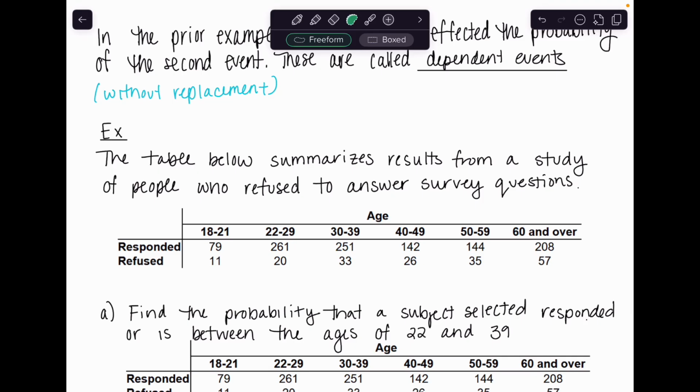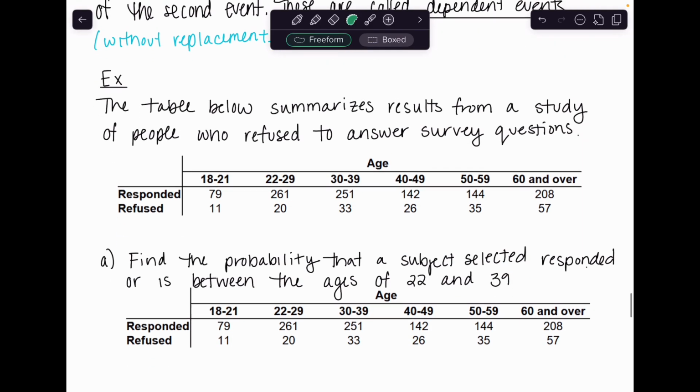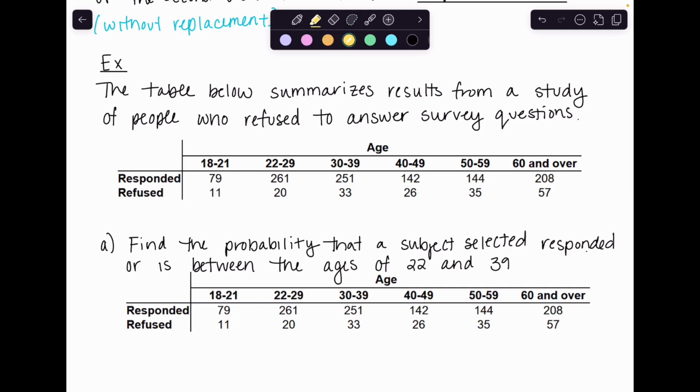So we're going to find two things. We're going to start by finding the probability that a subject selected responded or is between the ages of 22 and 39. So I need to first, with or, again, that is more inclusive. They can be between the ages of 22 and 39, or they could have responded. So if I start with the people that responded, that is everyone in this first row.